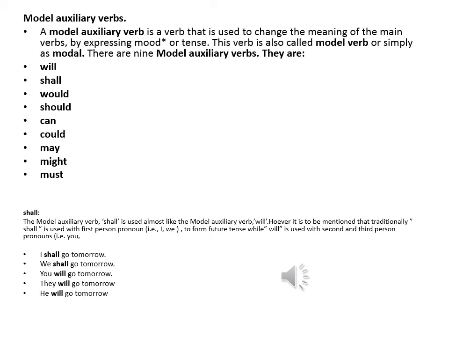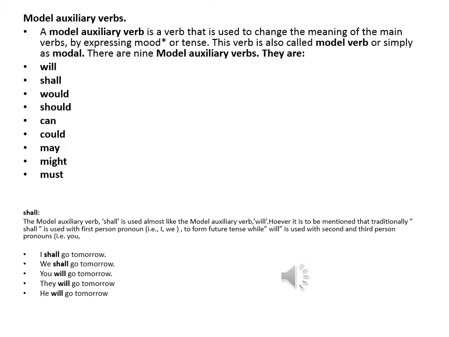Let's have a look at modal auxiliary verbs. We basically use them to express a mood or a tense. The modal auxiliary verbs we use are will, shall, should, would, can, could, may, might, and must, as I mentioned previously.